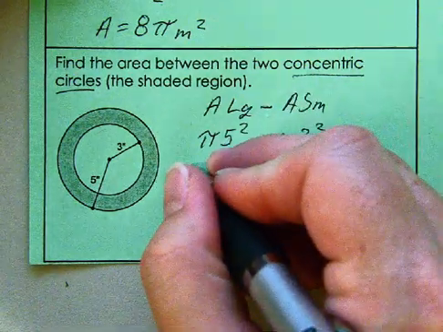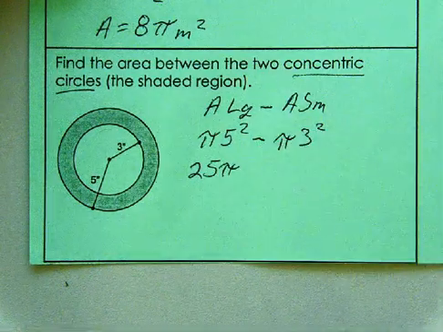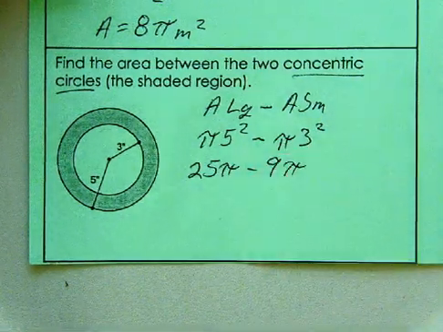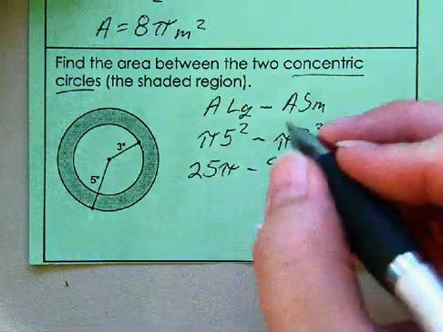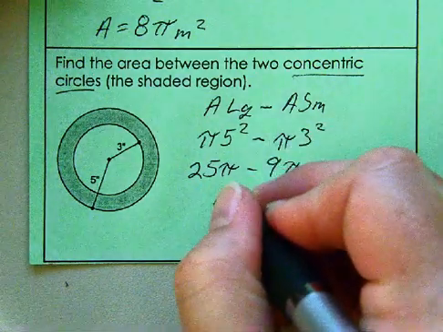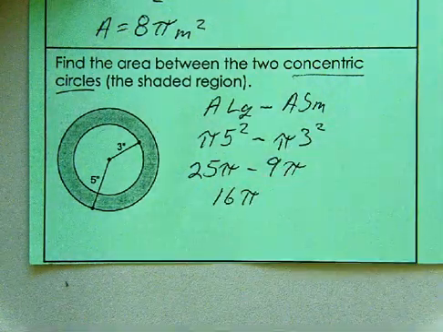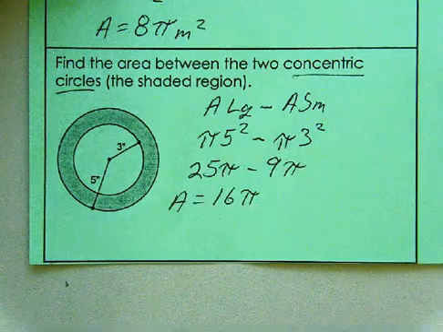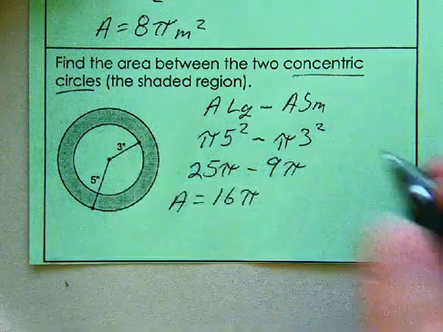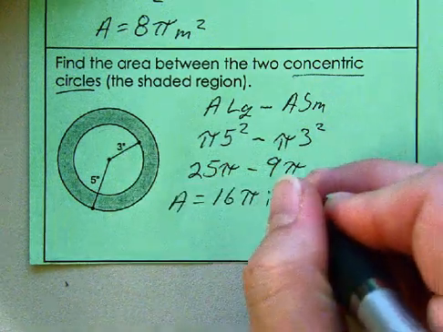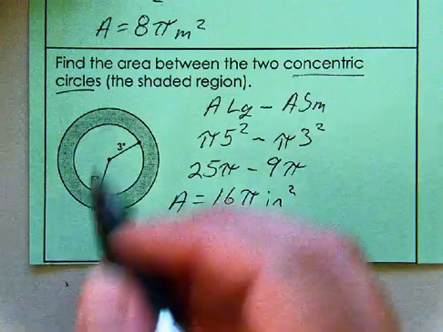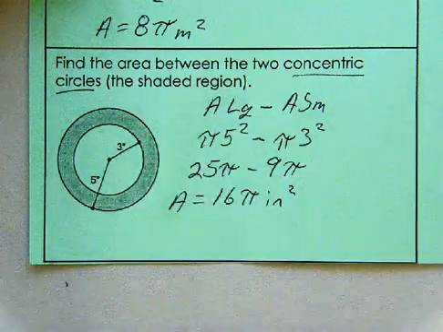So this becomes 25 pi minus 9 pi. 25 minus 9 gives us 16, and we still have pi. So the area equals 16 pi, and then our label, those two little hash marks mean inches, and we're going to square that. So 16 pi inches squared for this shaded region.